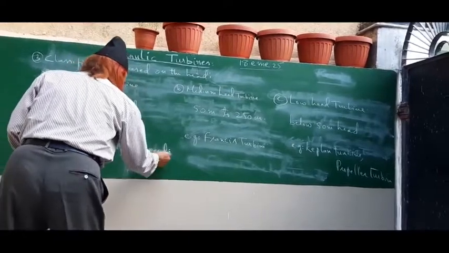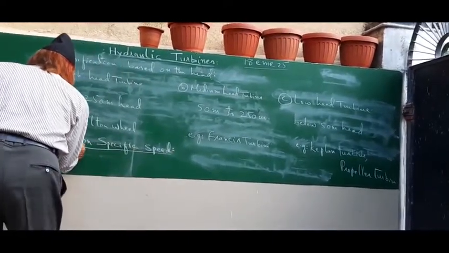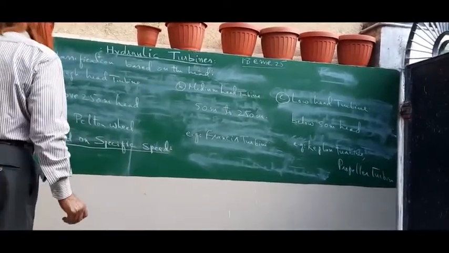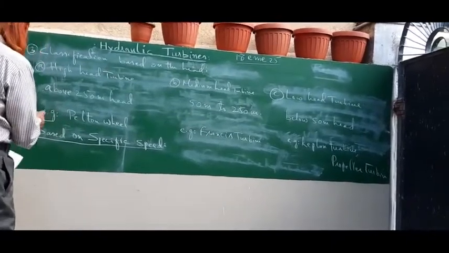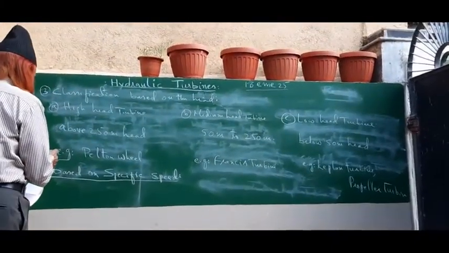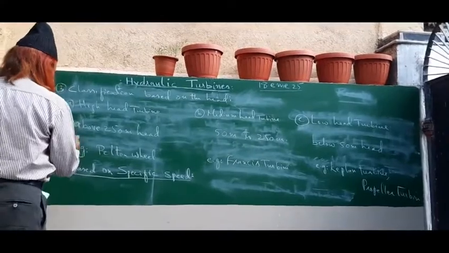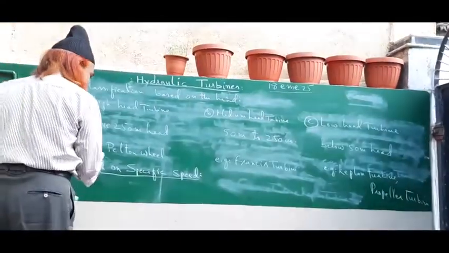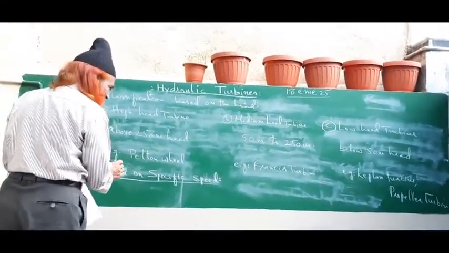Based on the specific speed, how the classification is made easily, you can take it. Here I would like to put low specific speed under this line. Therefore I am taking the same page here.